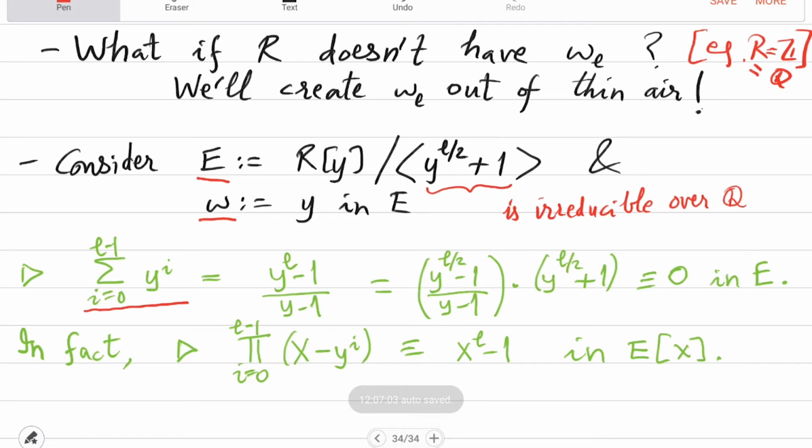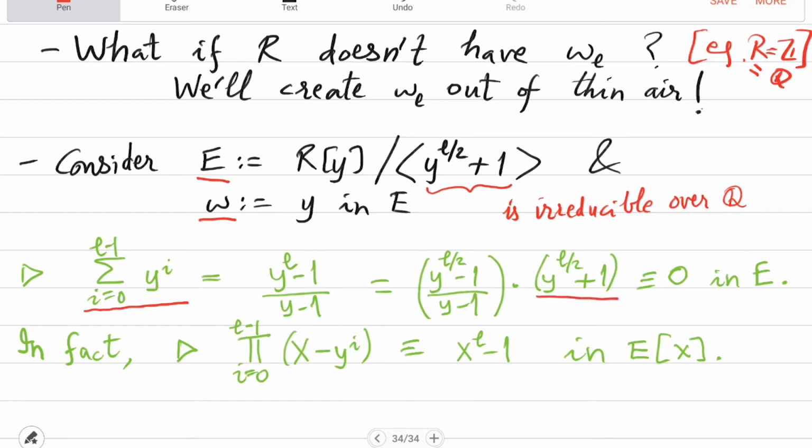But that value is 2. The characteristic is odd or 0, so it cannot vanish, so they are co-prime. Anyways, you formalize it and then you see that by Euclid GCD, y minus 1 is invertible. So the first thing is fine. Then you can simplify it. So you can factorize y to the L minus 1 like this.